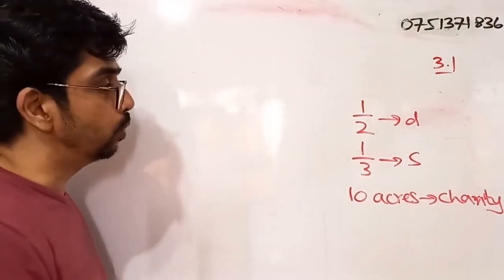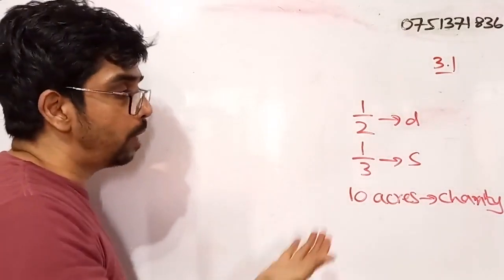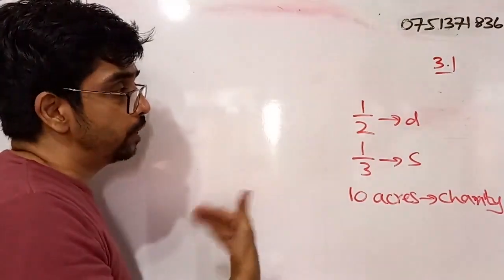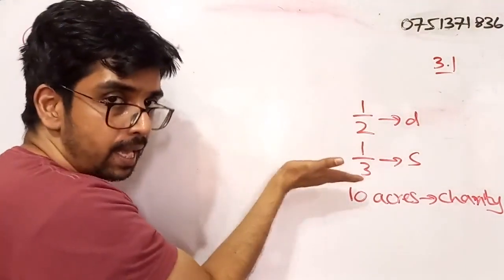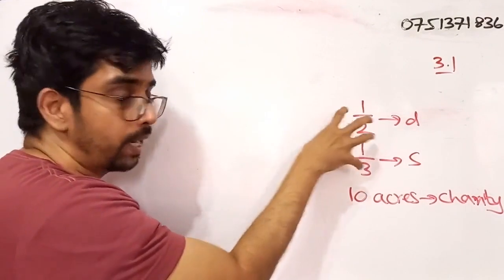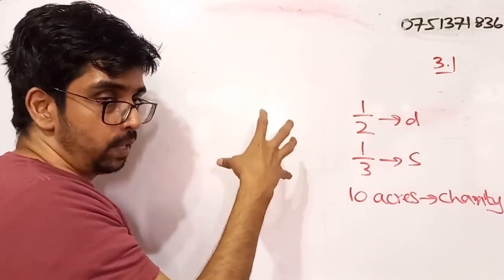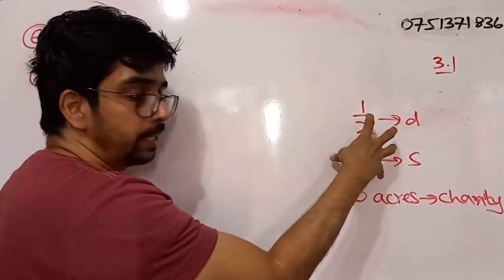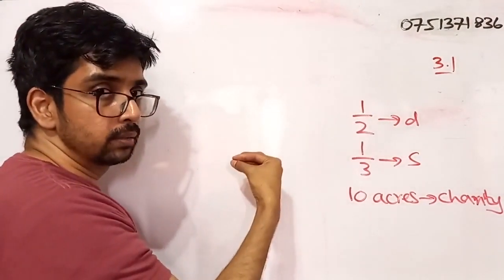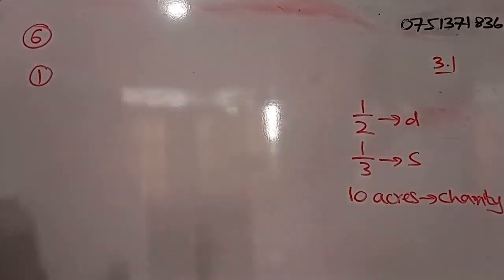So what do we have to do? We have to find the total amount of land which went to the daughter and the son. So we can get the value as a fraction, right? Then we simply subtract that amount from the whole, right?